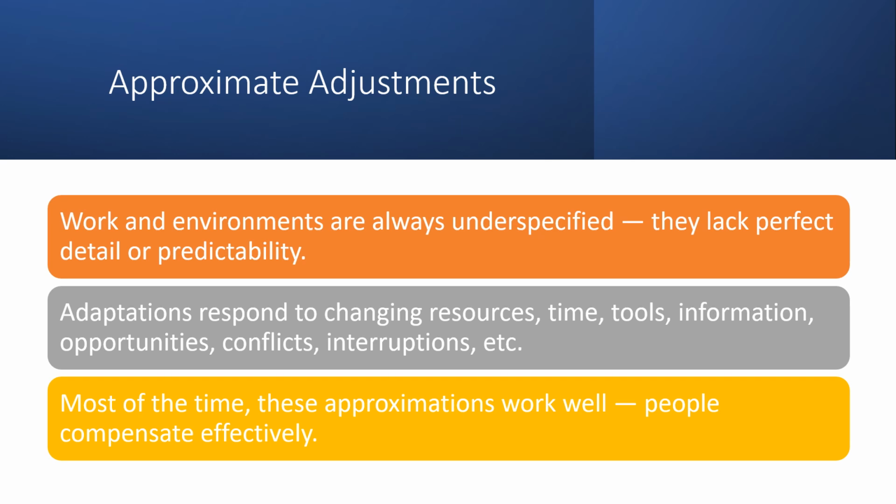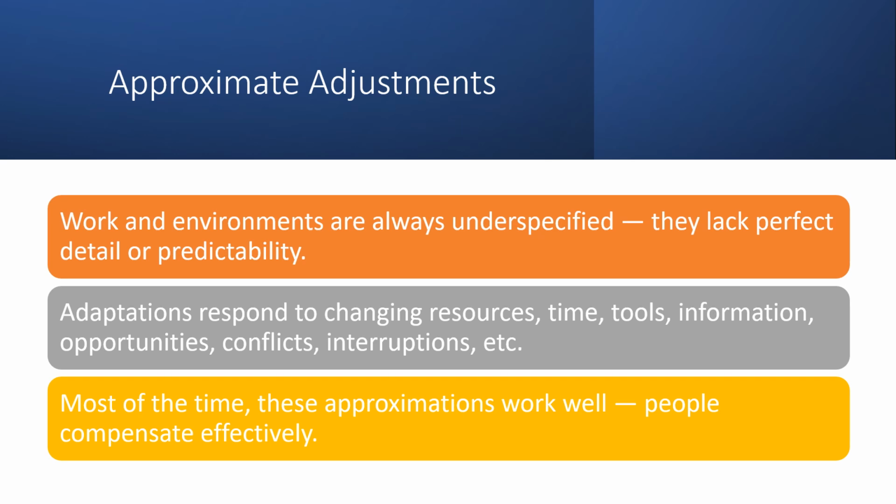Work and environments are always underspecified. We all know that. They lack perfect detail. They lack predictability. Therefore, continuous adaptation is required at all levels, as individuals and teams and organizations. Such adaptations respond to changes in resources, to time, to tools, to information, to opportunities, to conflict, to interruptions, etc. And these adaptations themselves are always approximations.